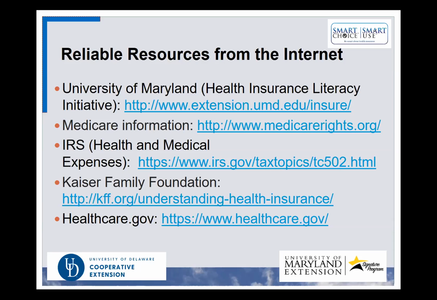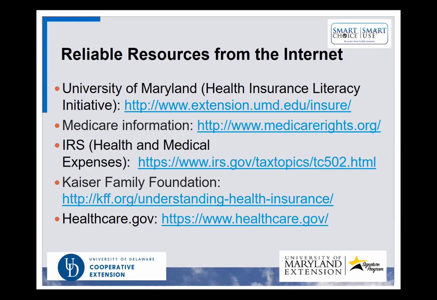So Jesse has reminded me that here are some reliable resources from the internet. That includes our University of Maryland Health Insurance Literacy website. Lots of great consumer resources there. I mentioned the Medicare.gov website.